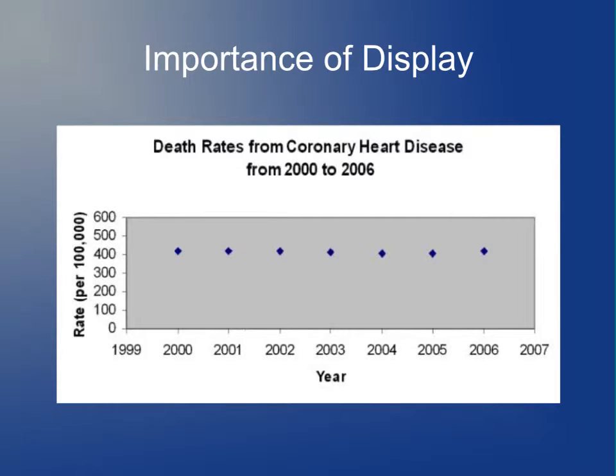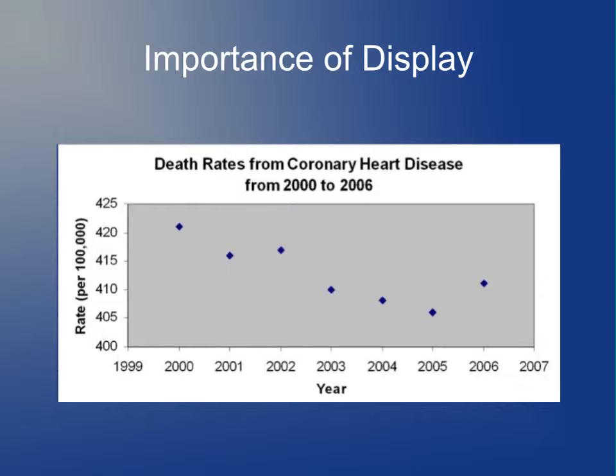I will note that when drawing scatter plots, it's important to choose the axis scales appropriately, among other things. This graph here shows the death rates from heart attacks, and I believe this is the United States from the period 2000 to 2006. If I draw the graph the way you see it on this slide, you might think that it's been relatively level over time, but if I draw it on the next slide, you can see it's actually been decreasing over time, not by a huge amount, but by a certain degree.